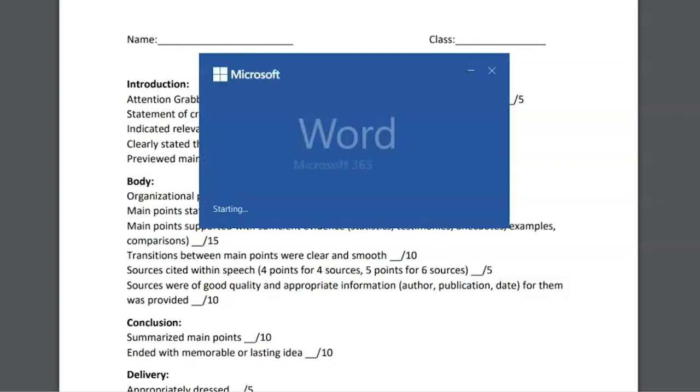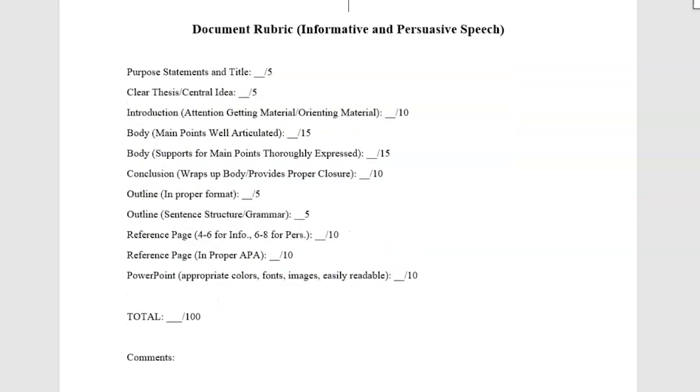Then you're going to have a documents rubric. And the documents rubric is basically showing you the importance of preparing. So all these points that you see all the way to right here are all about the actual outline. So you need to fill out your outline in its entirety. And then the rest of the points are for your reference pages.